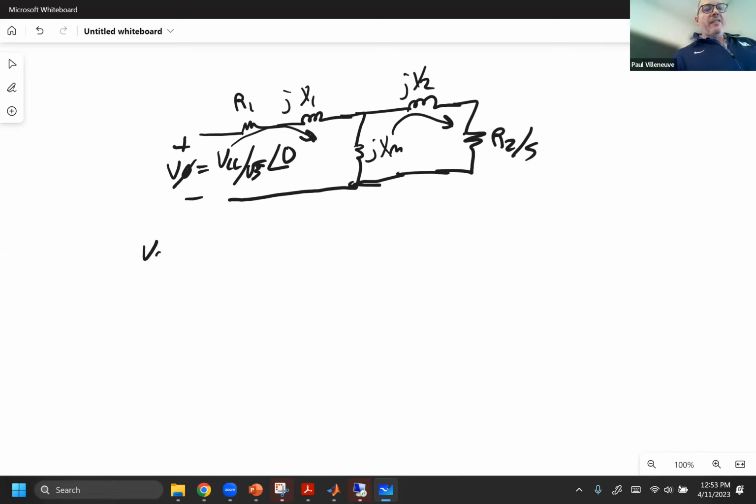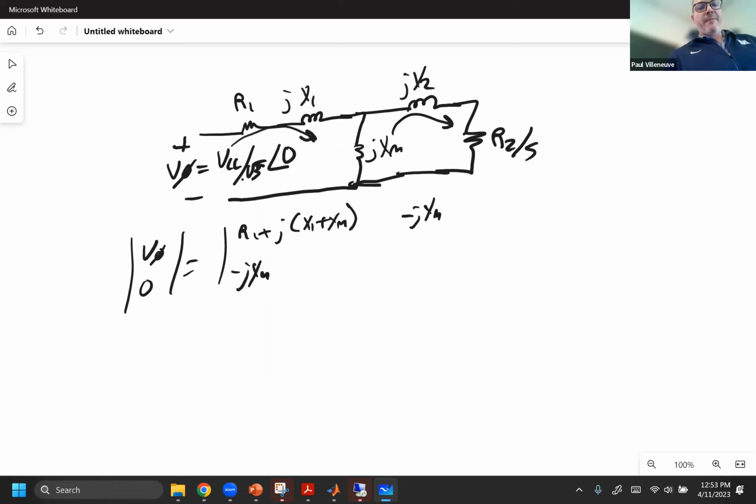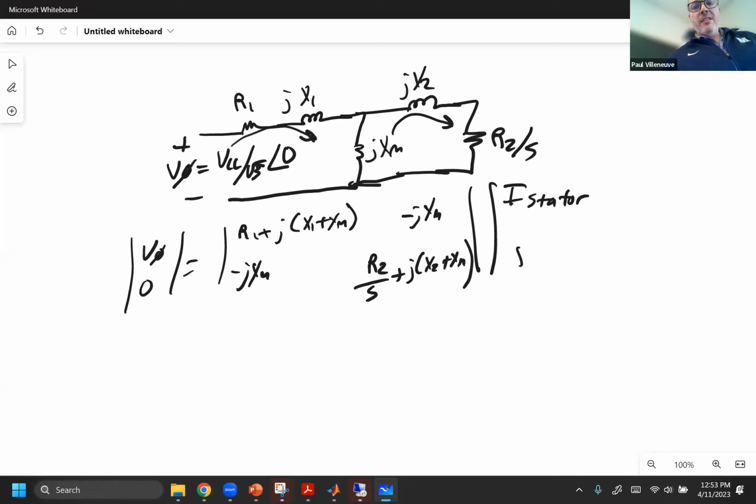And what we said is V phase at 0 is equal to the matrix R1 plus jX1 plus XM, minus jXM, minus jXM, and R2 over s plus j times X2 plus XM, multiplied by I stator and I rotor. Everybody remember that? By writing loop equations? And then you solve for I stator and I rotor.